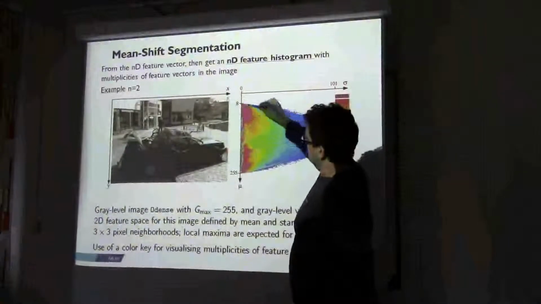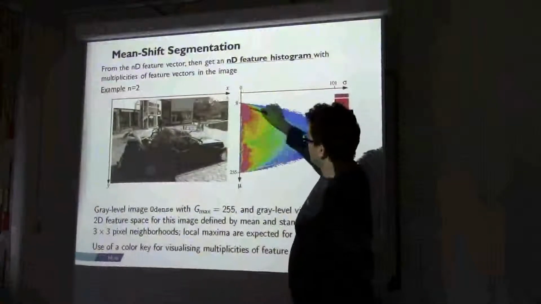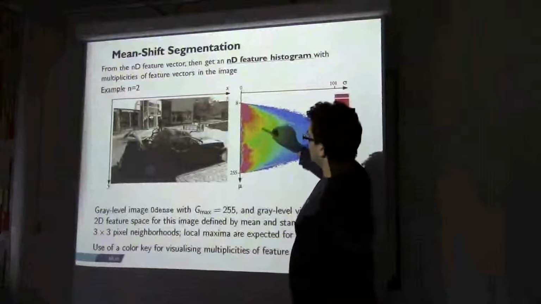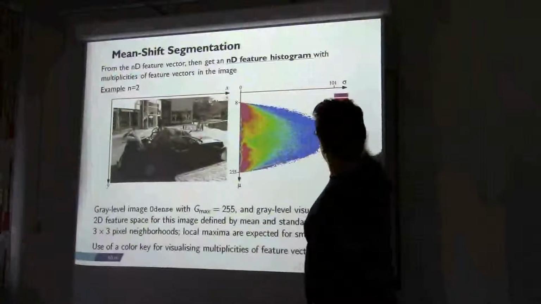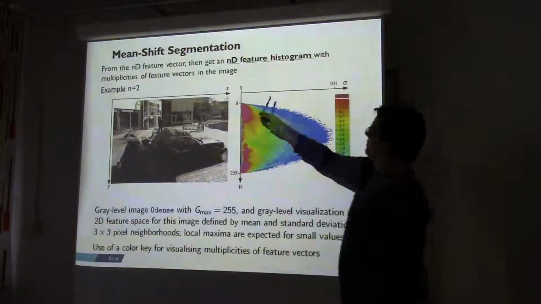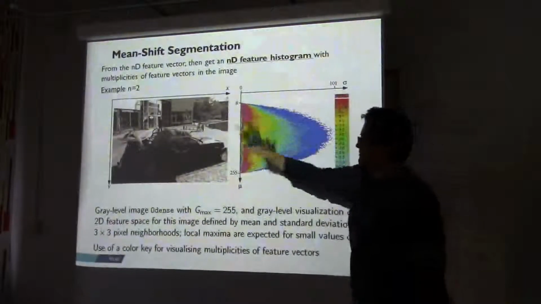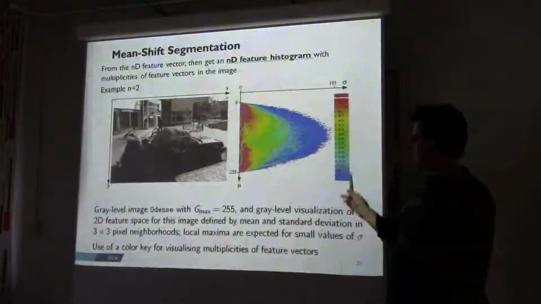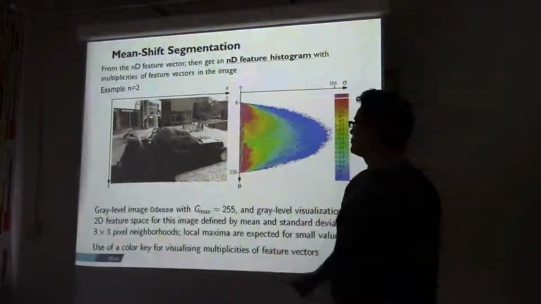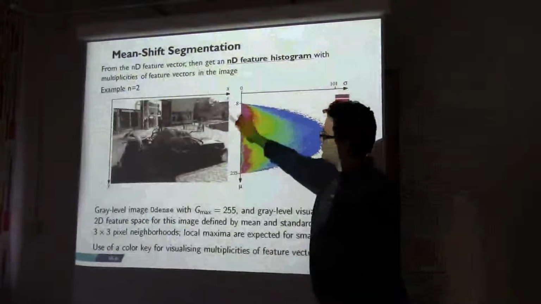This is why most of the pixels are contributing to this part here. And as you go away here, to high standard deviation values, your histogram goes to very, very small values in comparison to this part here.